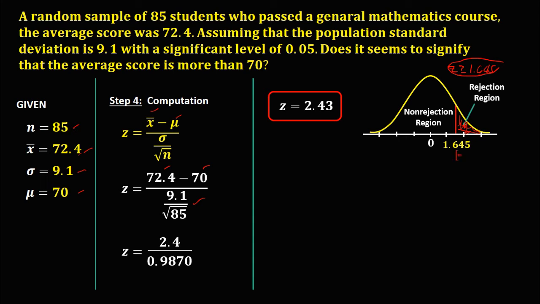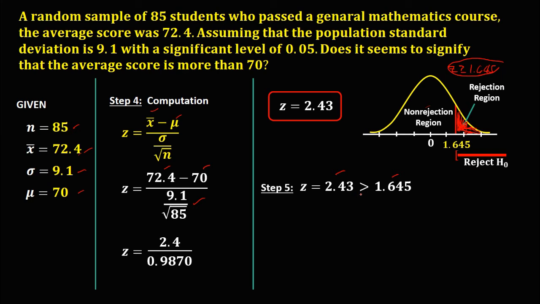are the area where we reject the null hypothesis. So for step 5, since Z is equal to 2.43 and the critical value is 1.645, this 2.43 is greater than 1.645.